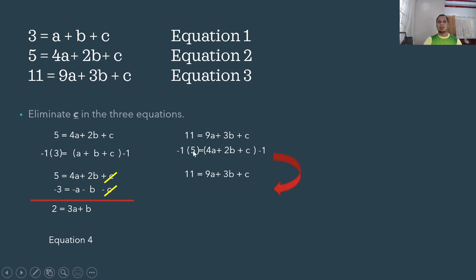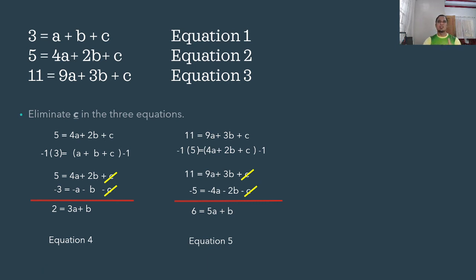The next one, since it's just a multiplication by negative 1, all we have to do is change all the signs in this equation. And then solve simultaneously, we can now eliminate c. With that, the answer will be 6 is equal to 5a plus b. And this will be our equation number 5.